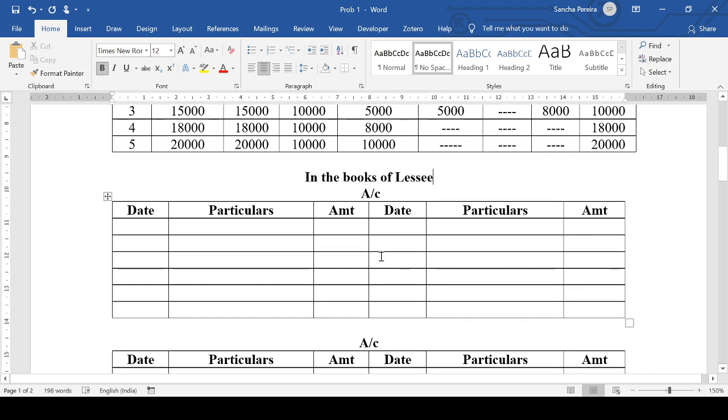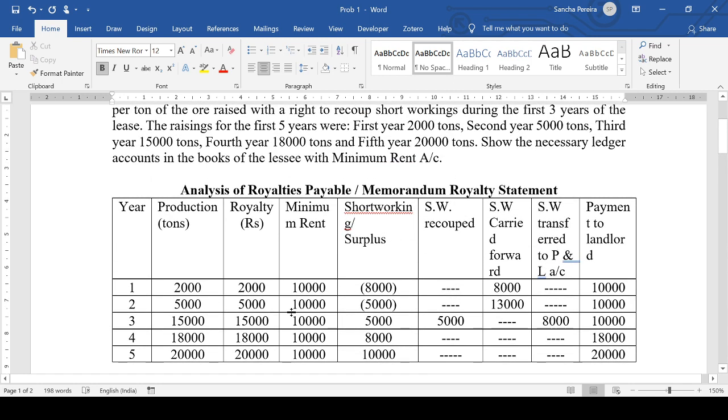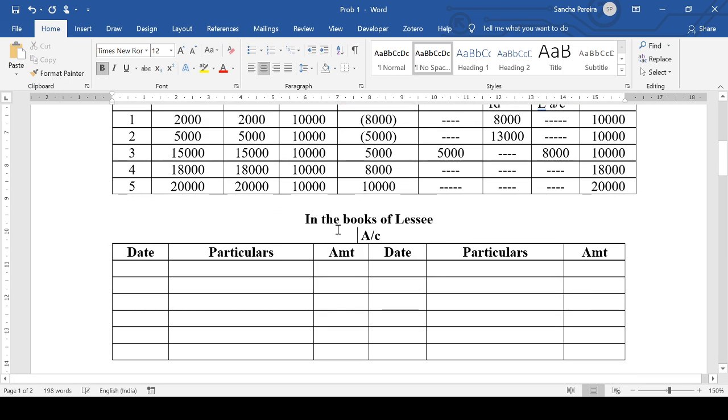Okay, fine. So we were discussing which are the accounts. It's a minimum rent account, royalty account, short working account, and the landlord account. If they are not set with minimum rent, you are free to choose any method. So that time, if you choose without minimum rent, you'll have just 3 accounts: royalty account, short working account, landlord account. Is that clear? So the first is going to be minimum rent account.